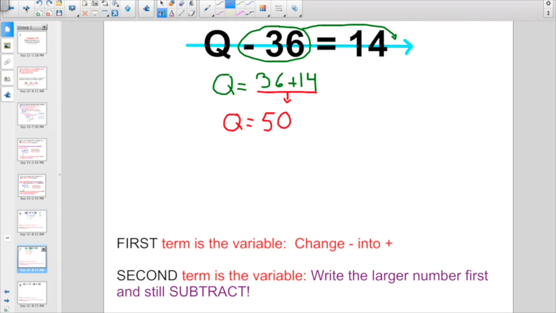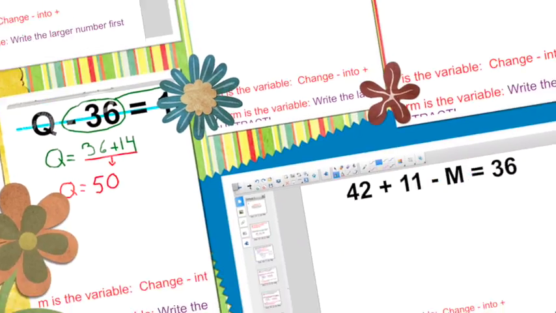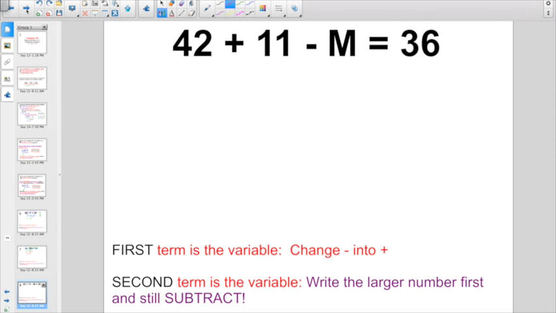Not too tough so far, just one extra little twist depending if the first term or the second term is the variable. Check out this one though. 42 plus 11 minus m equals 36. And you're going, Mr. Hines, there's 4 terms in this equation.